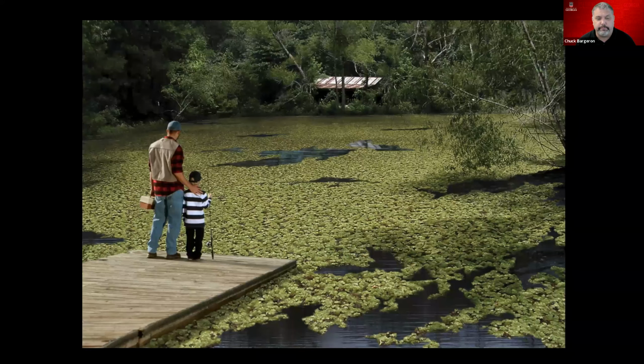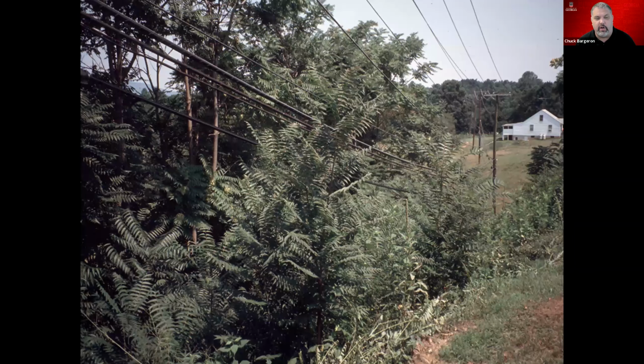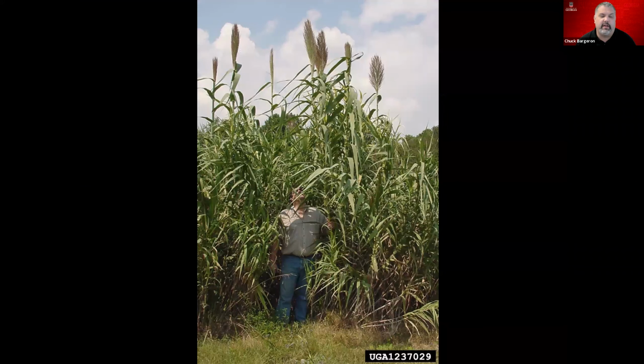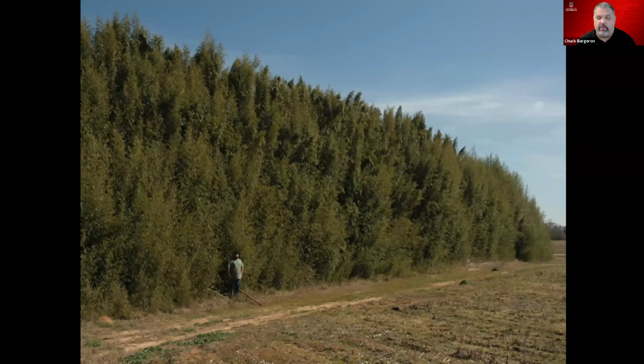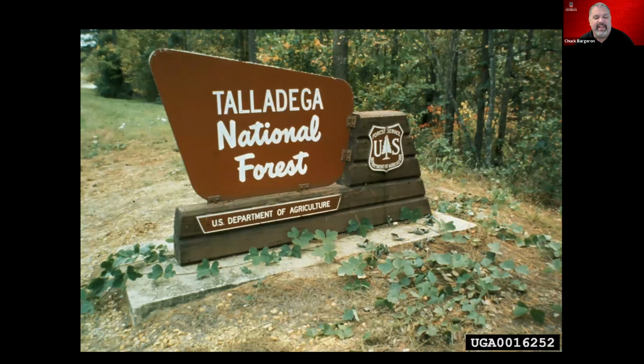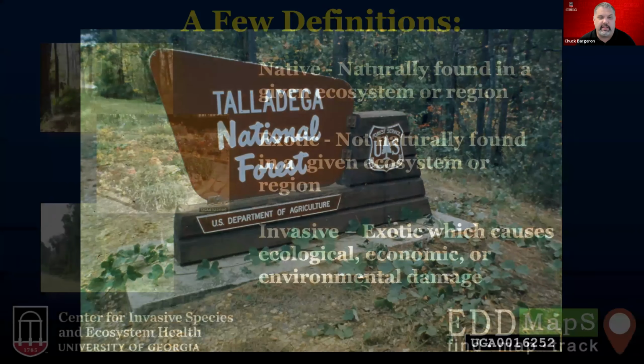I just wanted to show some examples. Here's tree of heaven under power lines, Japanese honeysuckle taking over an old home site, and a huge patch of bamboo. The Chinese privet that's planted around UGA Stadium, and then kudzu growing into one of our national forests.